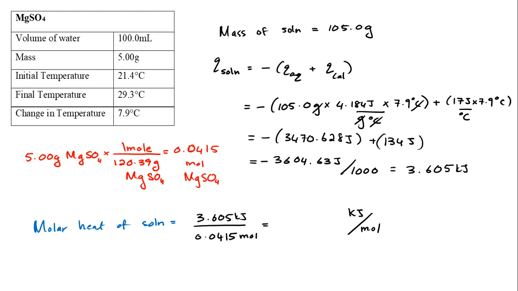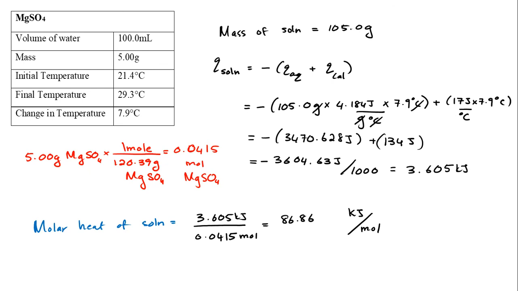Okay, so 3.605 divided by, I multiplied by accident, 0.0415. That gives me 86.858. So 86.86 kilojoules per mole.